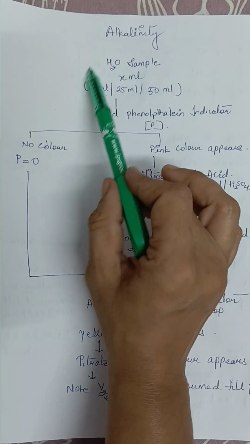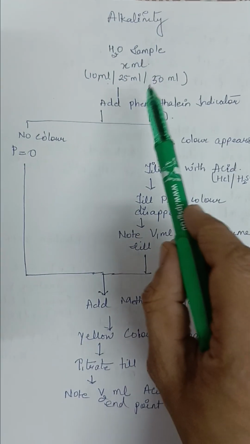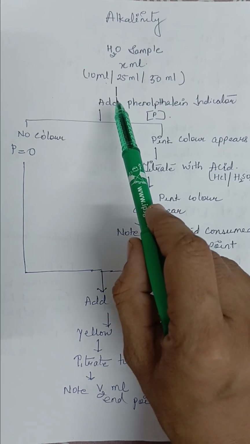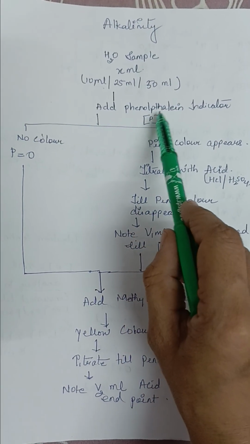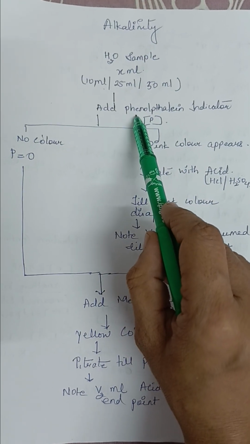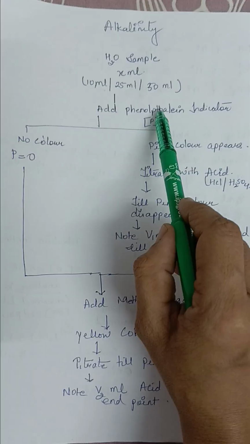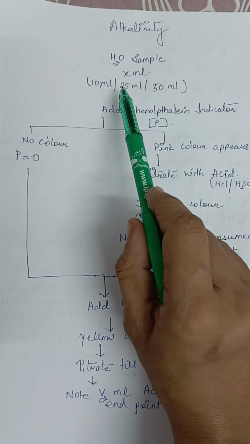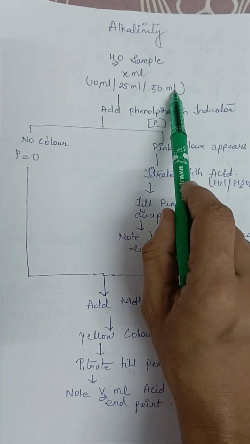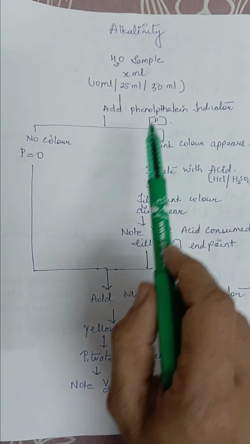This sample water is to be taken in the conical flask, and after adding the water sample we add 1 drop of phenolphthalein indicator in the same conical flask. It should not be more than 1 drop. Even if I am taking a 500 ml sample, I will take only 1 drop, right?